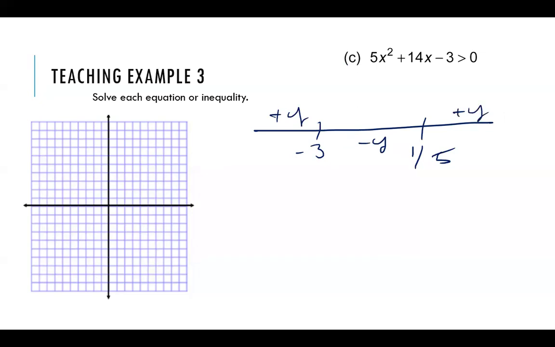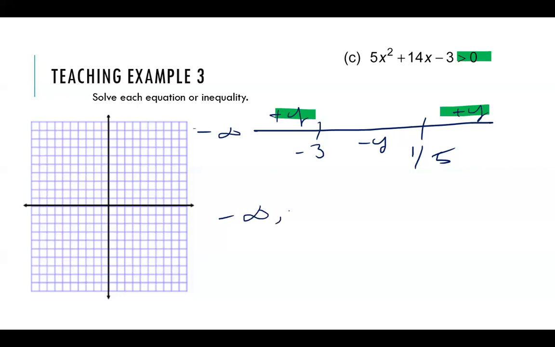Because it says I want to know when 5x squared plus 14x minus 3 is greater than 0, I'm looking for what kind of y values? Positive y values. So I have positive y values in two locations, right? I have positive y values to the left of -3 and to the right of 1/5. So my solution set would be from -infinity, because if I'm going forever to the left, that means my x values start at -infinity, right?